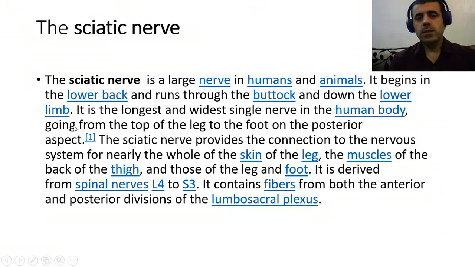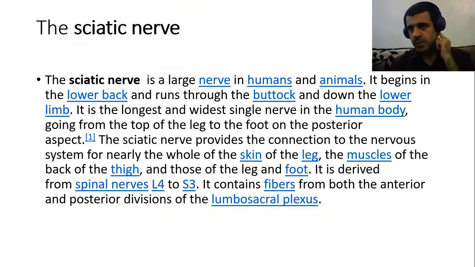It's going from the top of the leg to the foot on the posterior aspect. The sciatic nerve provides the connection to the nervous system for nearly the whole of the skin of the leg.